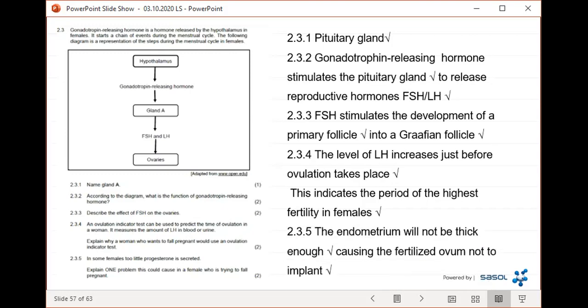Okay, so the endometrium will not be thick enough if too little of it is produced, and that would cause a fertilized ovum not to implant, or if you also mentioned that the endometrium will not be maintained, meaning that a miscarriage could take place, then that would also be correct, right?